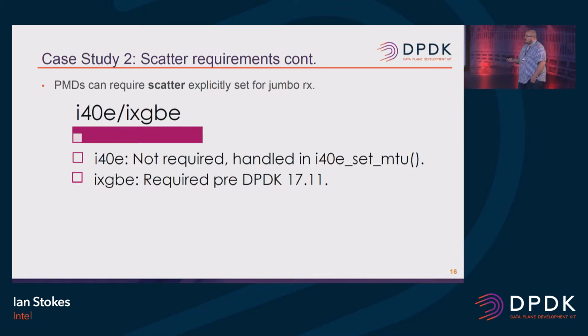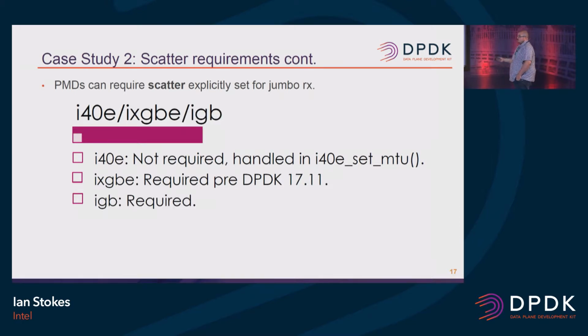Underneath the hood again, it will be handled as part of IXGB set MTU. I think the only requirement is that the device has to be stopped before you can enable scatter, essentially. So these two cases are fine. We can set it explicitly in OVS, and it was working even between releases, between 16.11, 17.05, and then 17.11. It worked for IXGB as well as I40, so we were happy.